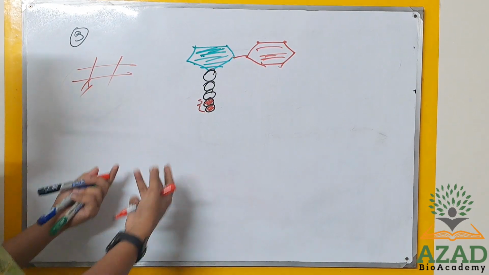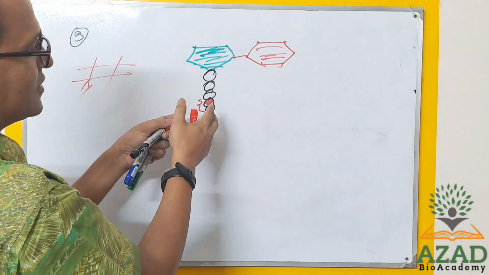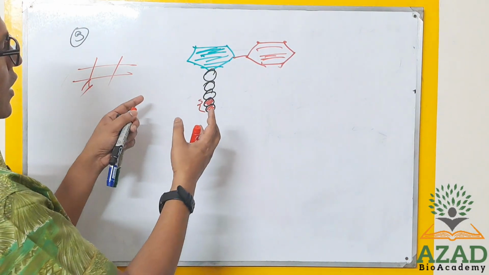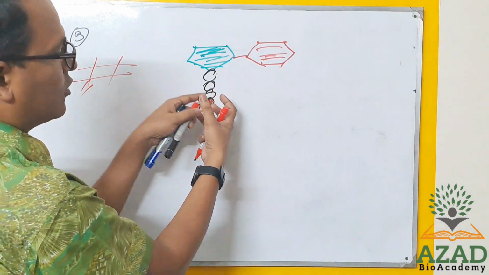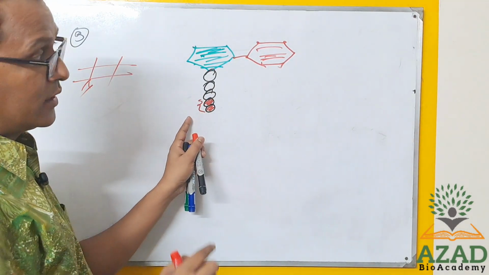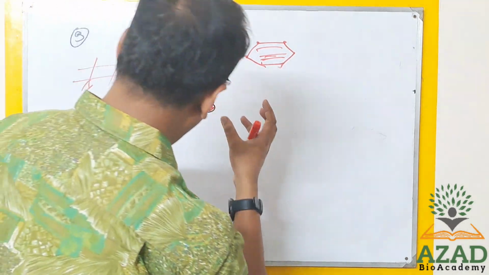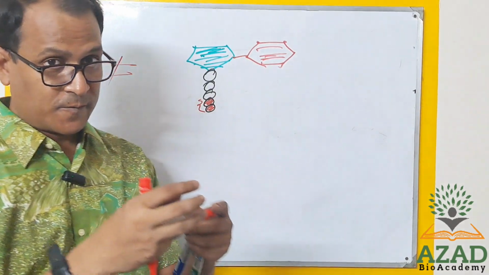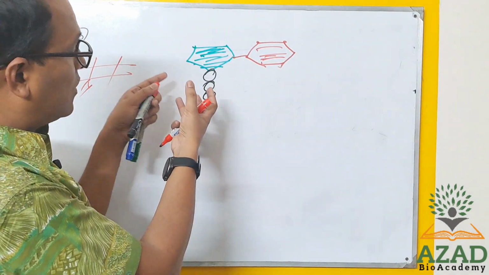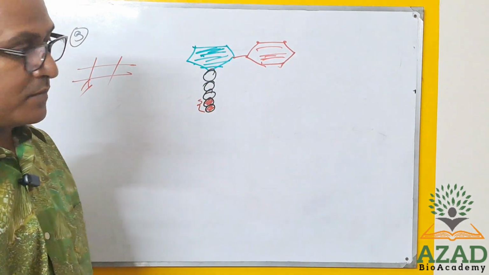Then what will happen? This is the important point for the transpeptidase enzyme to be attracted here and to form a bond, because here D-alanine will manage all the criteria to form acylation, esterification with the enzyme.